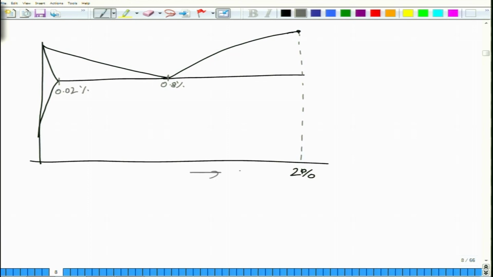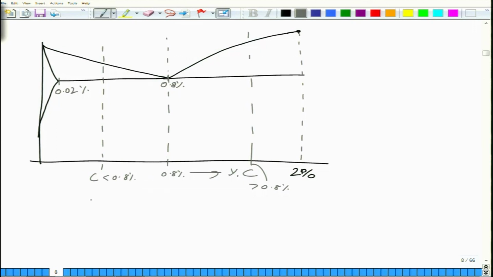This is percentage carbon. There are three compositions which are of importance. The first are compositions with carbon less than 0.8%, second is the composition of 0.8%, and third is the composition greater than 0.8%.